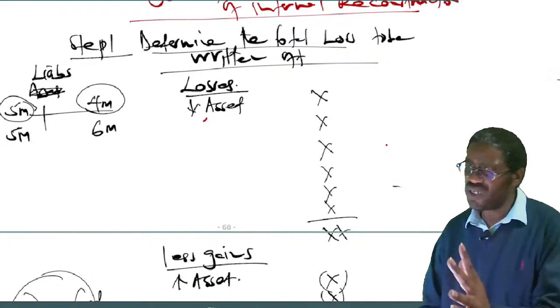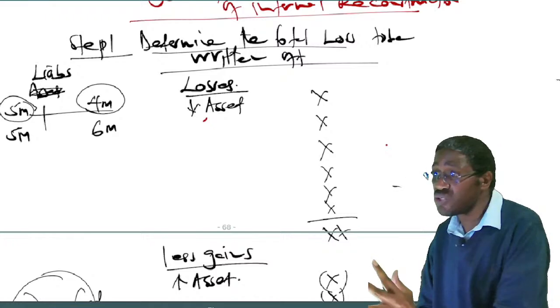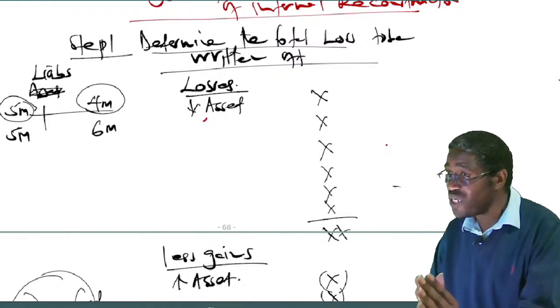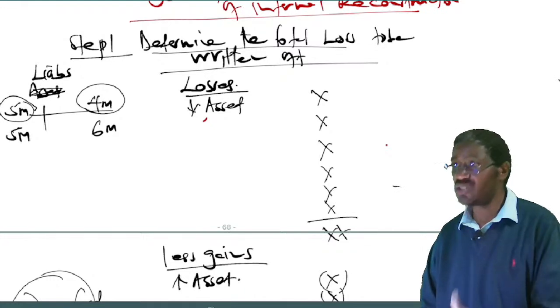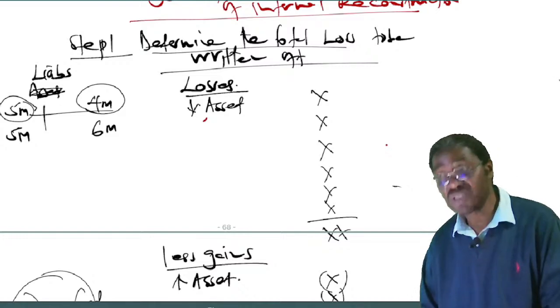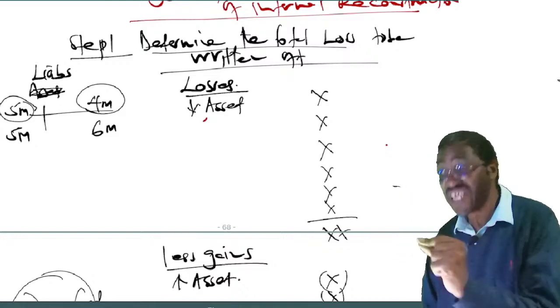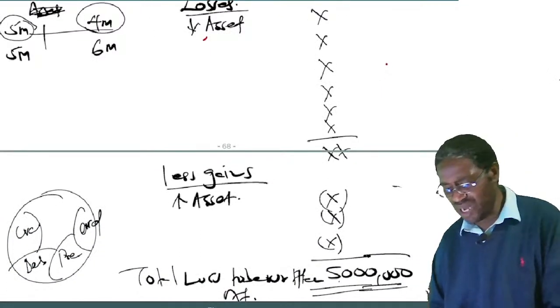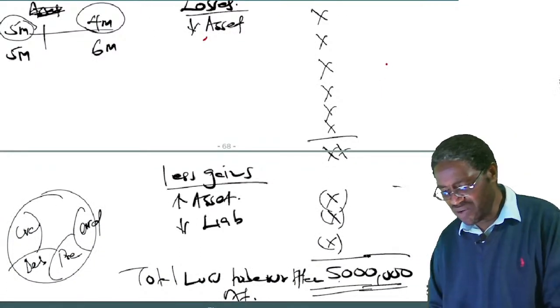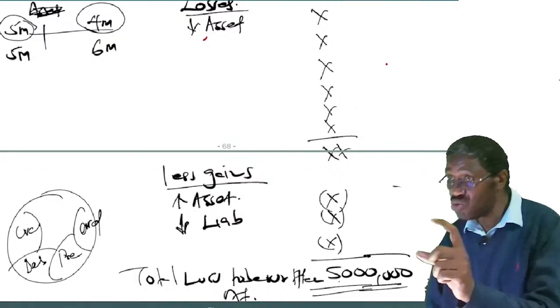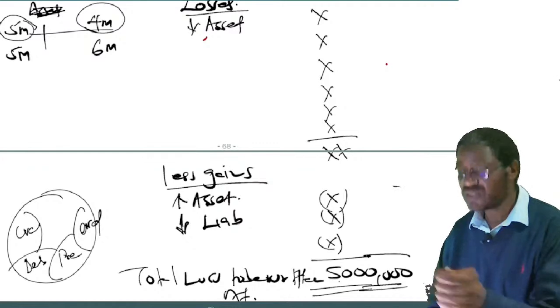It is obvious our liability is reducing after reconstruction. We had a liability of 5 million before reconstruction. Now after reconstruction, it will be worth 4 million. As a company, we are gaining. So any decrease in value of a liability will automatically make you gain.